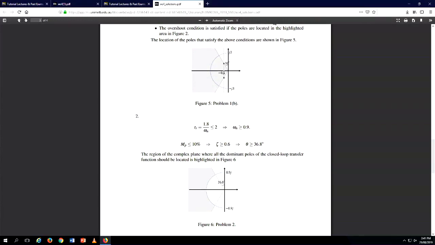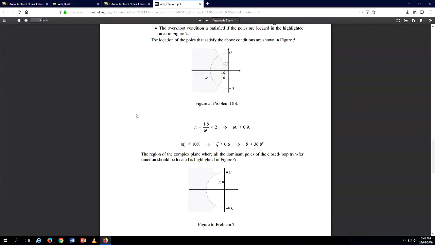You would be, in general, given different types of specifications, and you would typically use these three formulas to come up with different regions in the complex plane where you have to move your poles. And then you would learn different techniques like root locus you learned. You will learn how to tune PID controllers, and you would learn pole placement, and you would be able, with these techniques, to move the poles of the closed loop in the desired region. So that pretty much many examples would be like this.